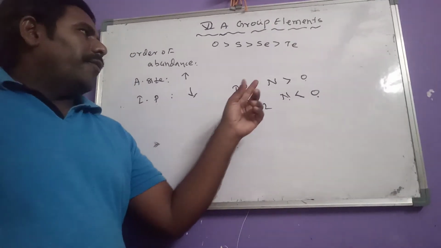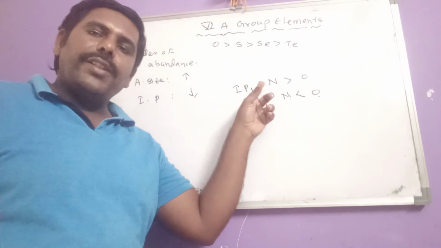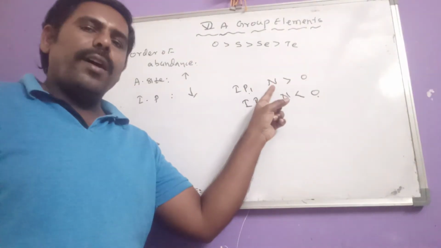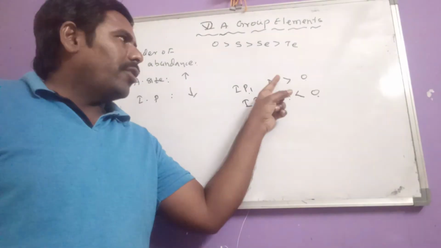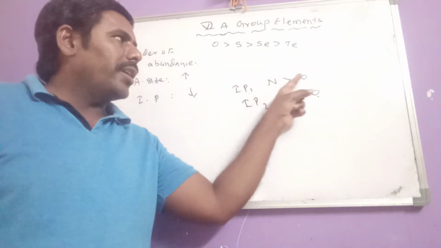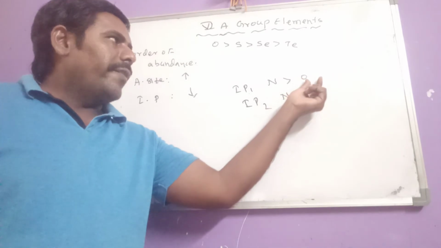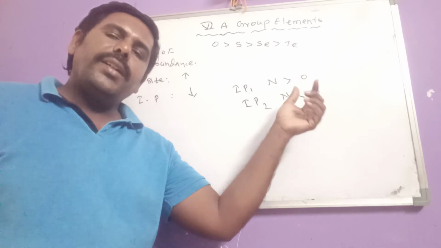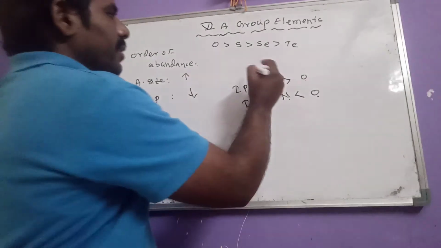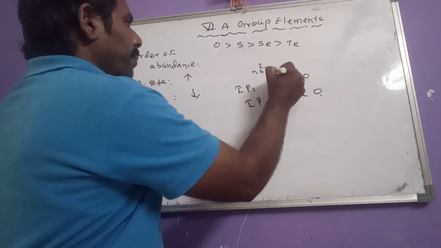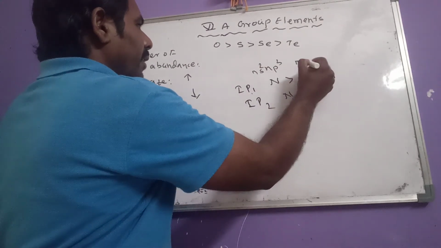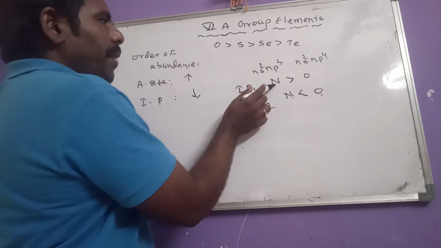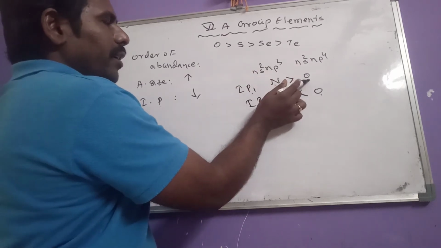Because nitrogen has a half-filled configuration, ns2np3, nitrogen's first ionization potential is greater than that of oxygen, whereas oxygen has an incomplete octet configuration, ns2np4.